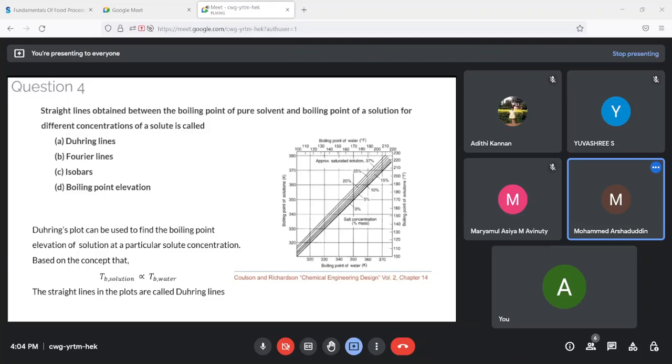So while designing the evaporator, you need to understand this concept of boiling point elevation, and you have to design the evaporator in such a way that you're operating the evaporator including all these elevations that are possible. So this phenomenon is called boiling point elevation, but this is captured as a relation between boiling point of solvent and boiling point of solution in the Duhring's plot. So the answer to this question is option A. Is this clear?